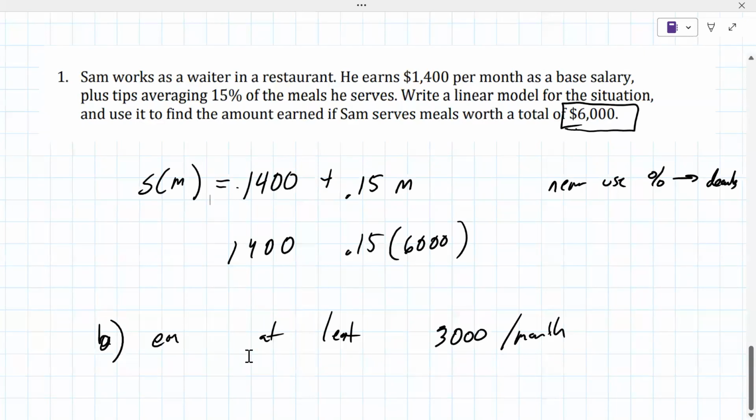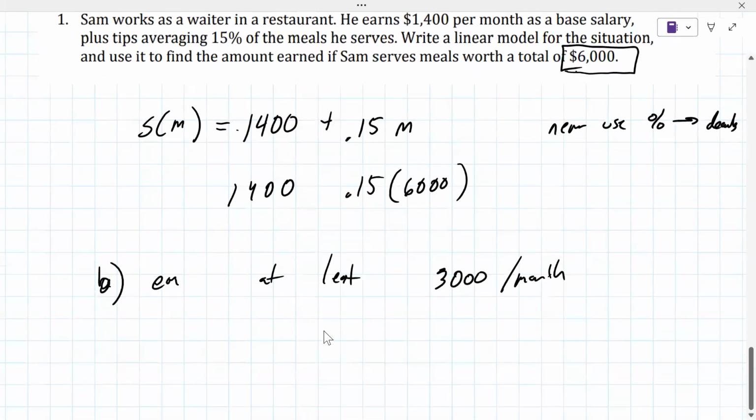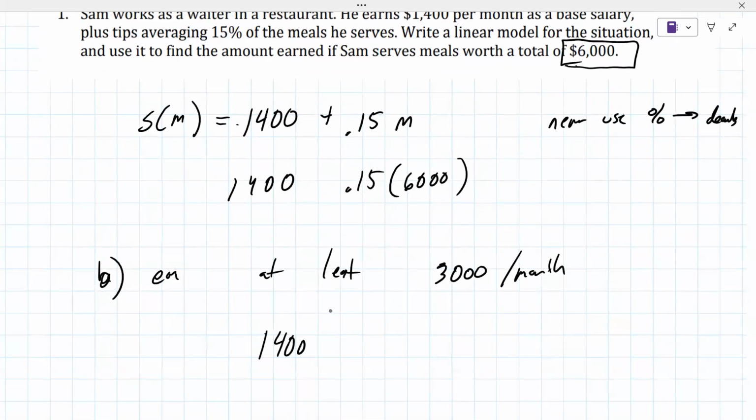What's the inequality for this? 1,400 plus 0.15 M. And what about this at least part? It's greater than or equal to 3,000.